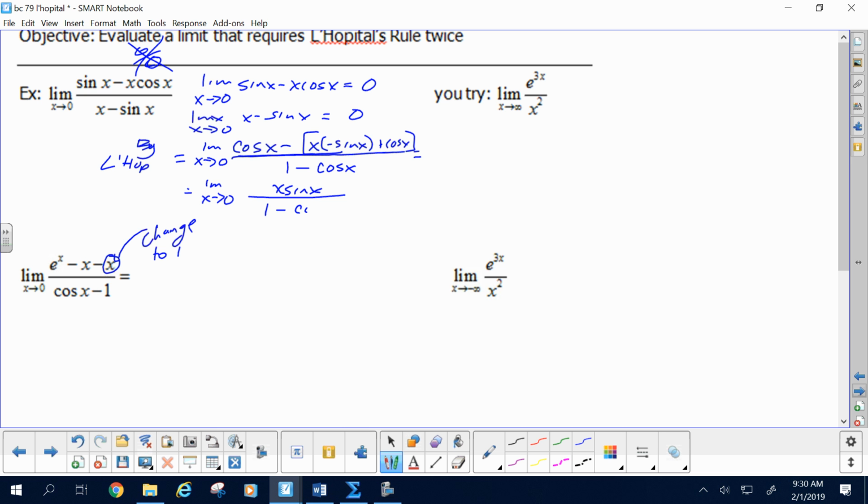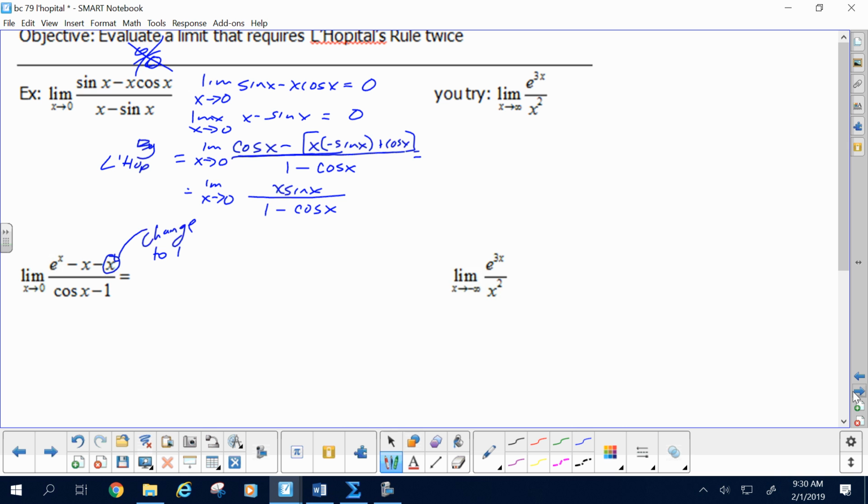The denominator is pretty simple. We're good. Giving that a quick mental look, is this going to be something I'll be able to do? The top goes to 0. The bottom, what's cosine of 0? 1, and 1 minus 1 is still 0 over 0, right? Which means it's an indeterminate form again, so we're going to do L'Hopital again.